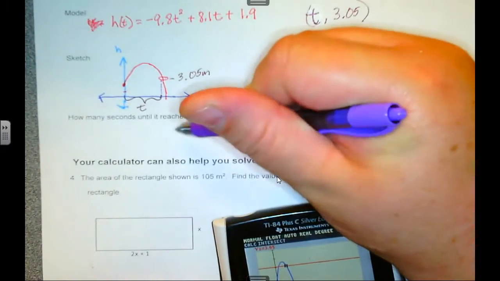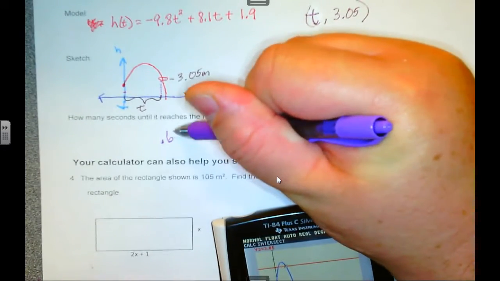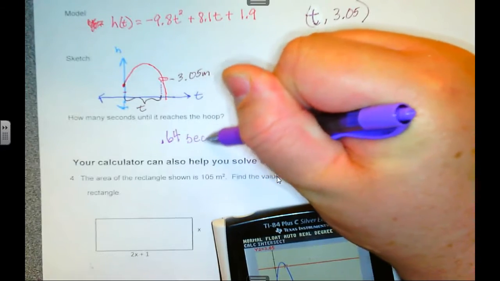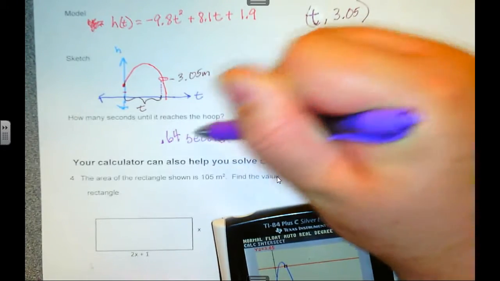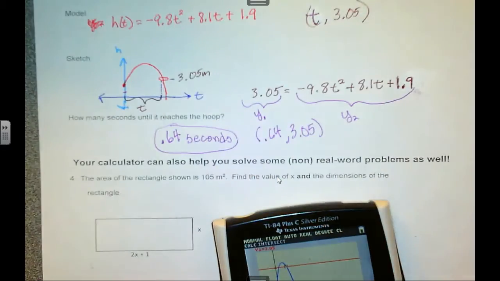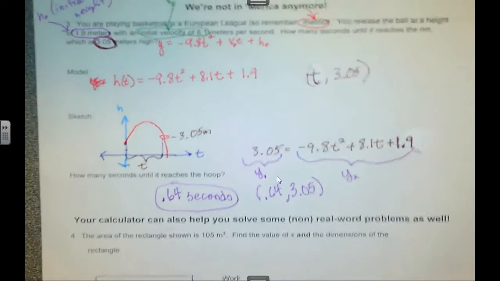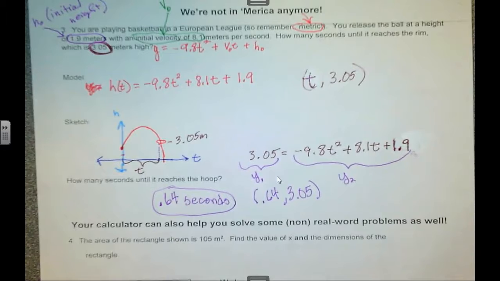It reaches the hoop at 0.64 seconds. Isn't that easy? That's wonderful. Now you guys have all this mathematical modeling knowledge. Okay, last one I'm going to do, and then you could do the entire practice worksheet. I highly suggest that you do it in class because many of you don't have graphing calculators at home.